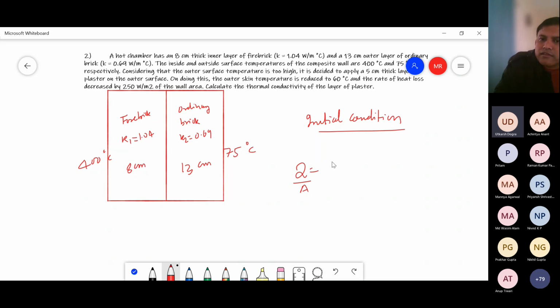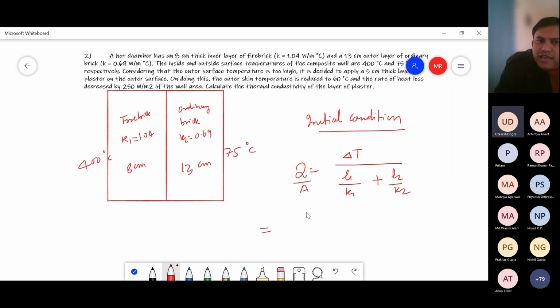K into delta T divided by L1 by K1 plus L2 by K2. Correct?